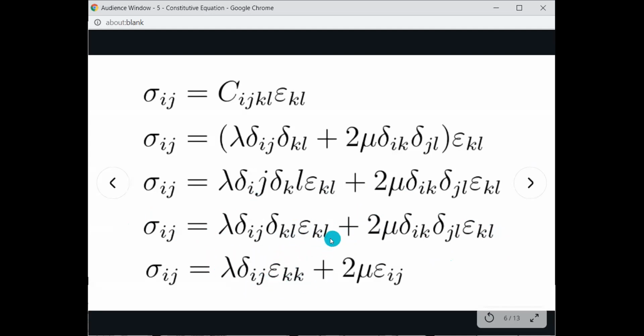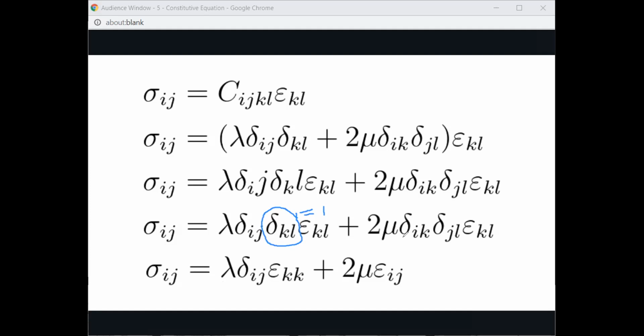So if k equals L, I replace the L with k. So if this one is delta kk, then this one is equal to 1. Okay? Since they are the same, that is the definition of our Kronecker delta. Thus, it disappears in the next equation. Same with this one.